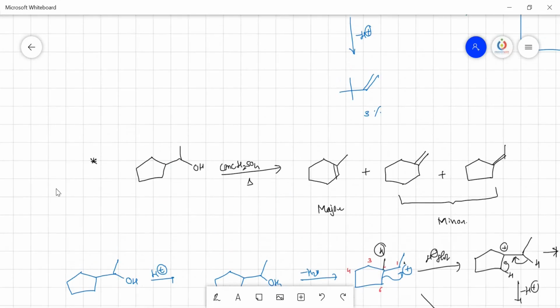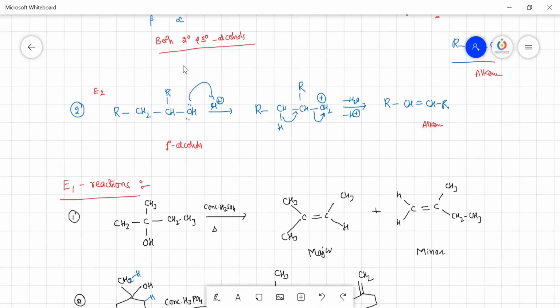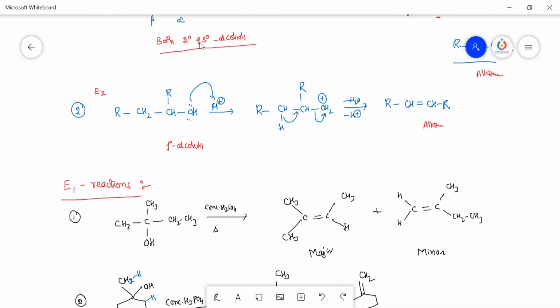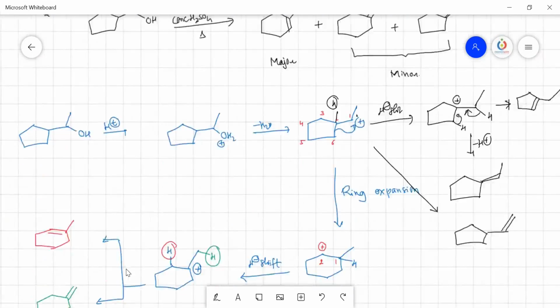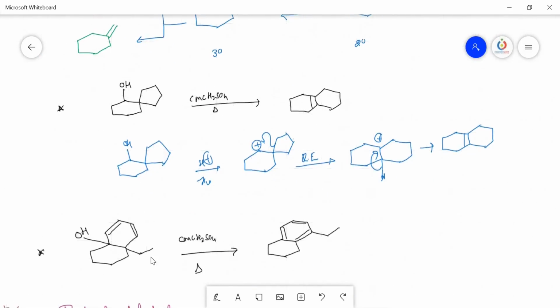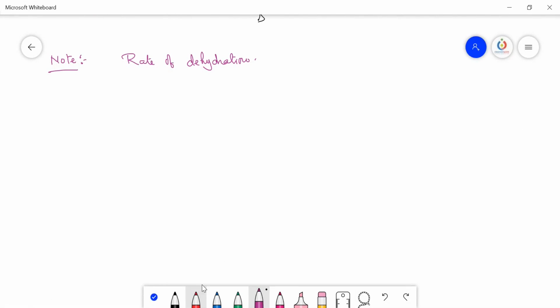We have clearly discussed initially that the E1 reaction is for which alcohols? Secondary and tertiary, means the alcohols which are able to form the carbocation can easily participate in E1 reactions. So tertiary alcohols can easily form the carbocation. So the rate of loss of H2O is more for tertiary alcohols than secondary alcohols, than primary alcohols.